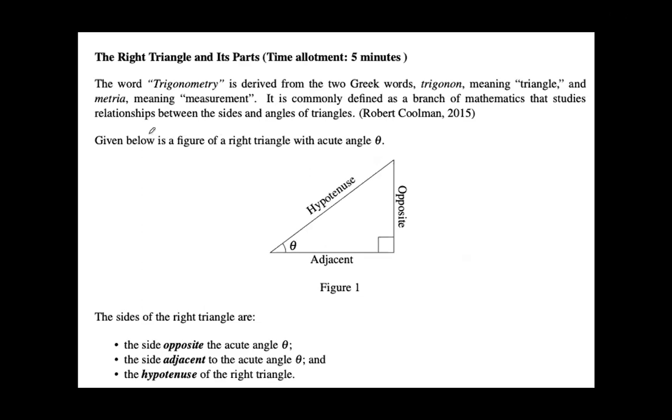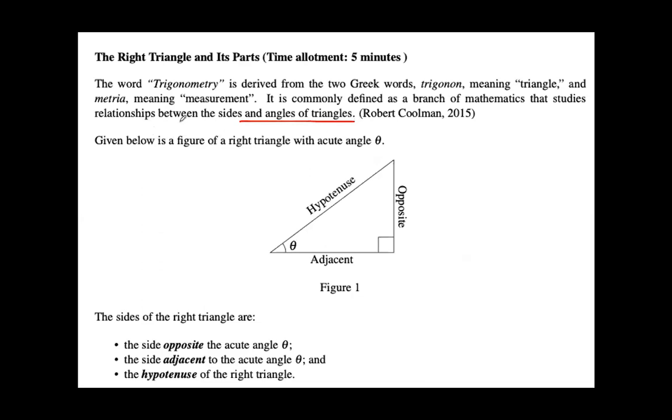Okay, so welcome to the world of trigonometry. Now, the word trigonometry is derived from the 2 Greek words trigonon. Ang alam ko trigo eh. Trigonon means triangle. Okay? And metria means measurement. Okay? It is commonly defined as a branch of mathematics that studies relationships between sides and angles of a triangle.